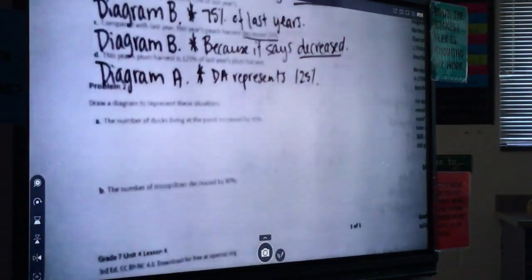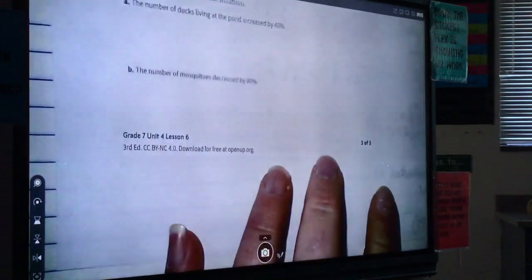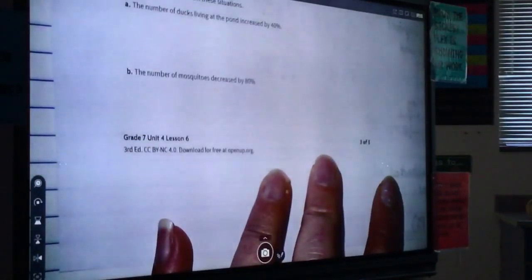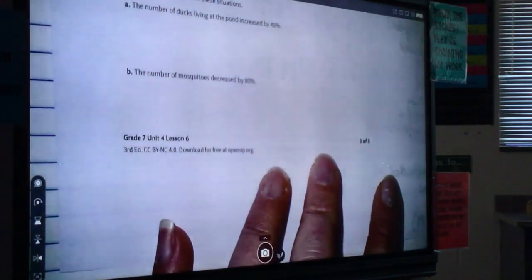All right, so problem number 2. This part says you're going to draw a diagram that represents the situations. So the number of ducks living at the pond increased by 40%, and then the number of mosquitoes decreased by 80%. So use diagram A and B to help you with this.